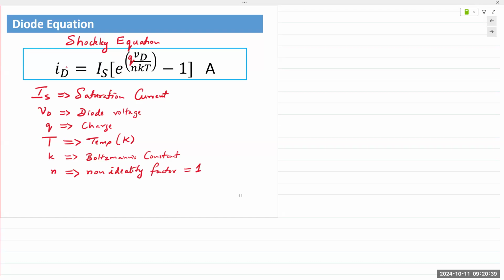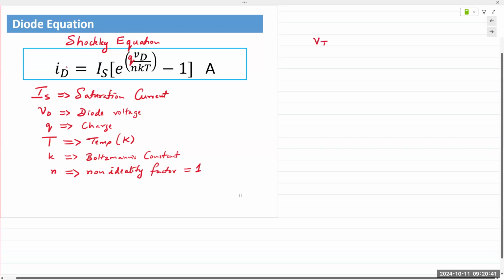Now, if you remember, thermal voltage Vt is kT over q. So we can reduce the diode equation to Is e raised to Vd over Vt. Right?